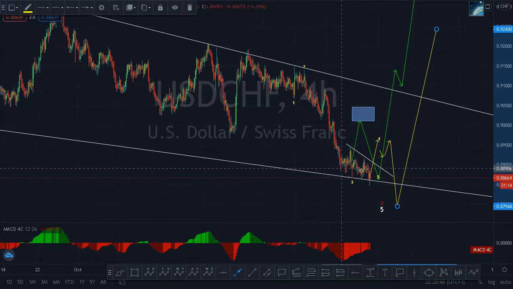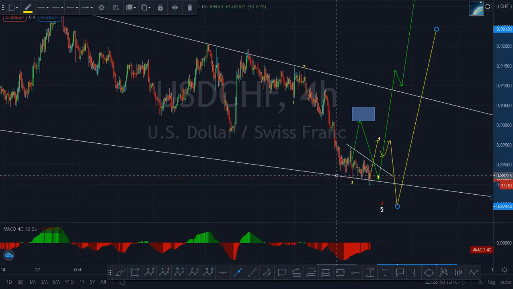The way the market is moving, it still has force. So it might break here, and they will think it is finally going up, but it will come down without coming here.